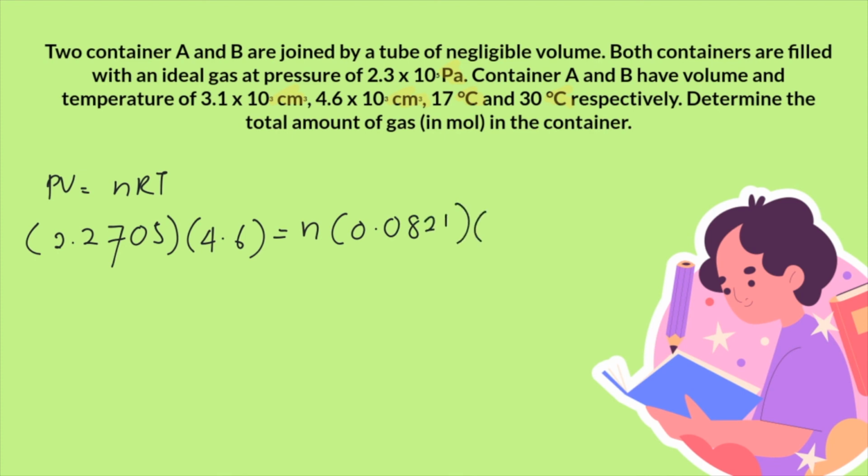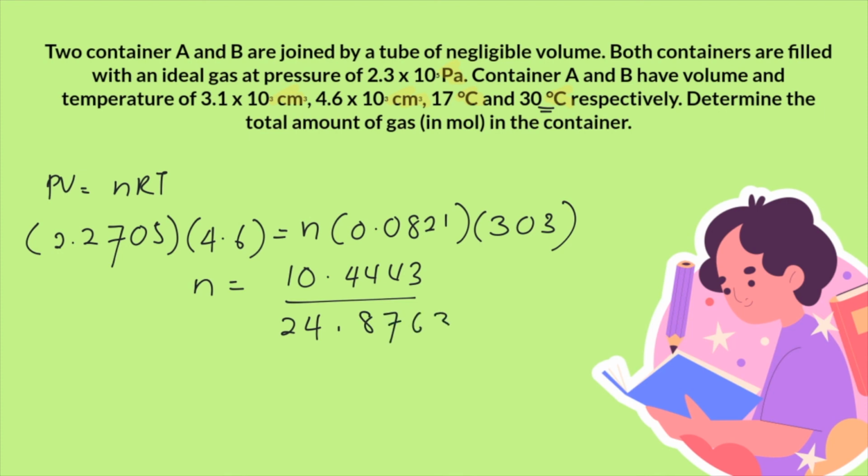And your temperature is 30 degrees Celsius, so you get 303 Kelvin. From here you shall get n equivalent to 10.4443 divided by 24.8763. Then you shall get n equivalent to 0.4198 mole.